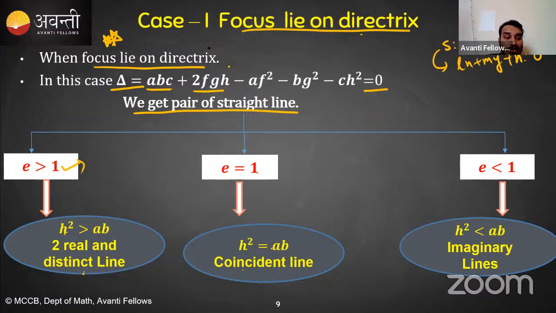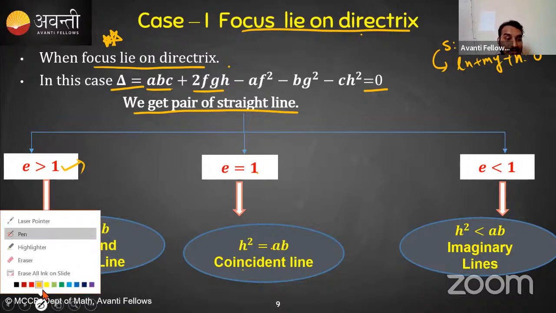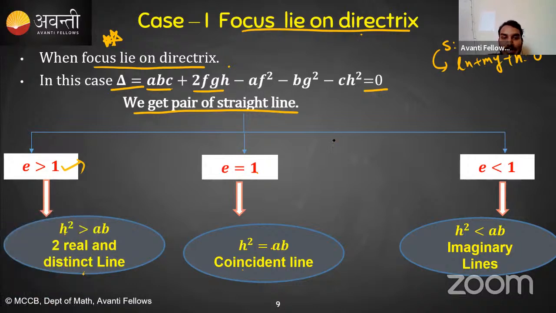And these things we have already seen in the straight line chapter, from the angle between two straight lines. If the general equation of degree 2 is given, then the angle between the lines is, can anybody tell me in the chat box? Anybody remember the formula?